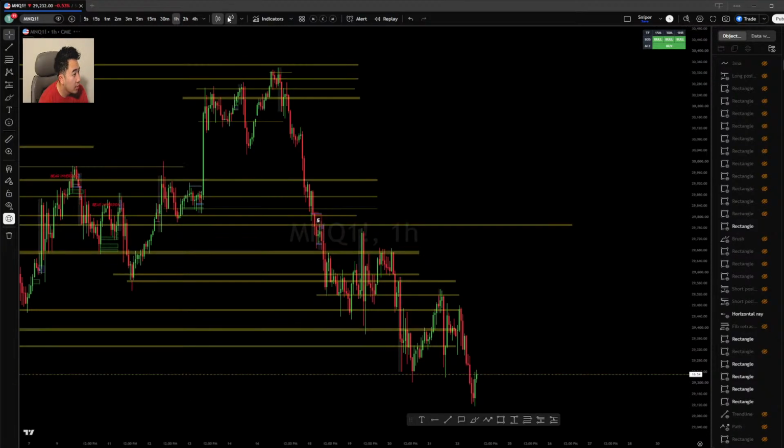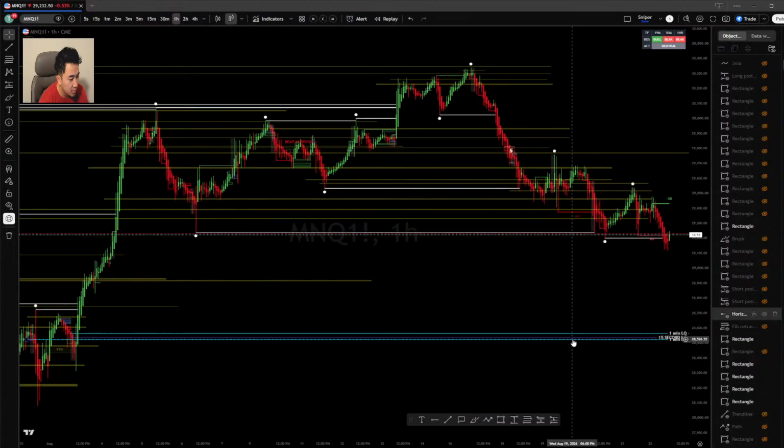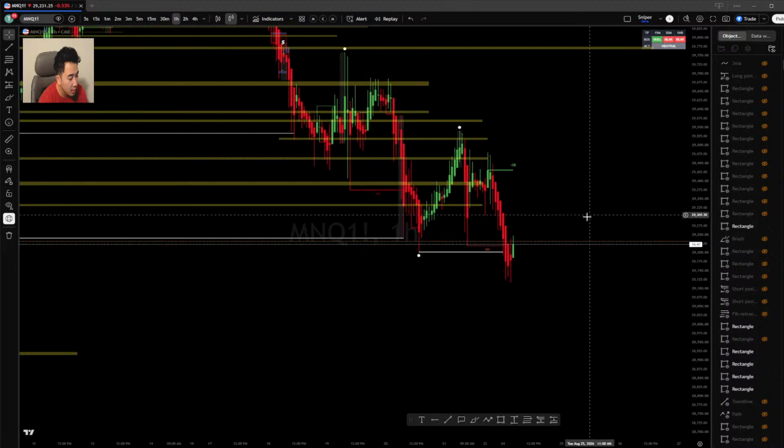Let's go in the 1 hour time frame. Let's mark out this support resistance here in the hourly.